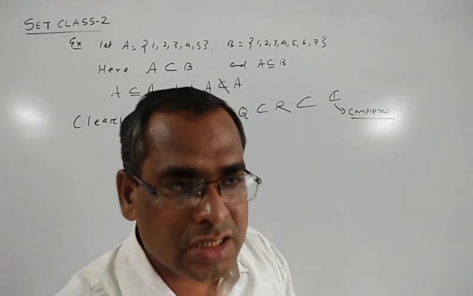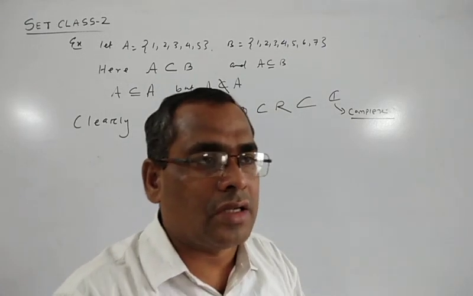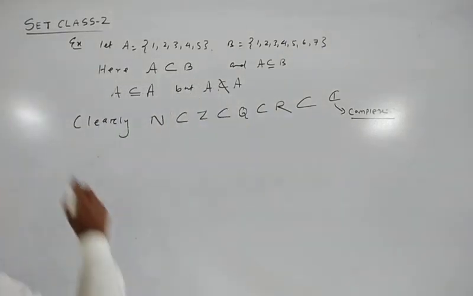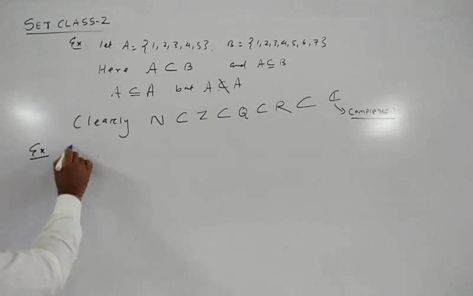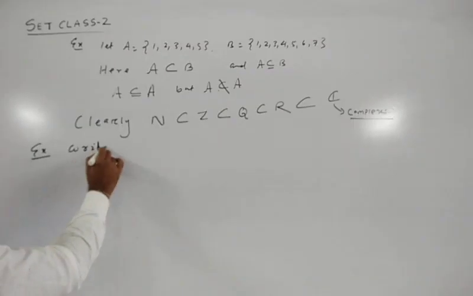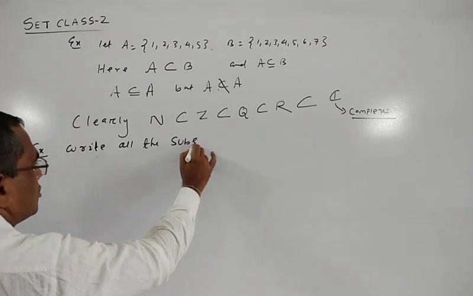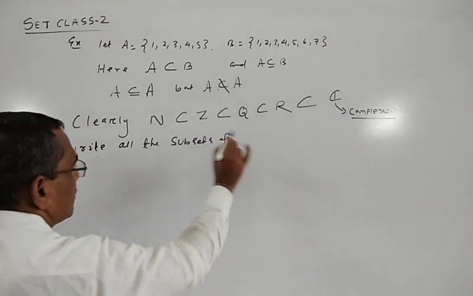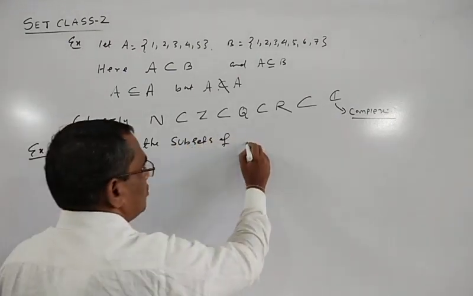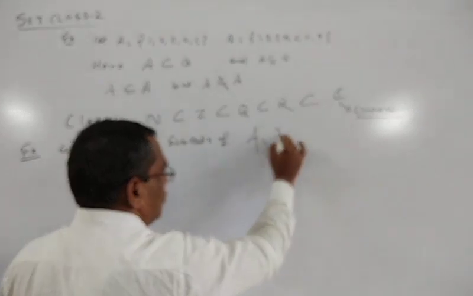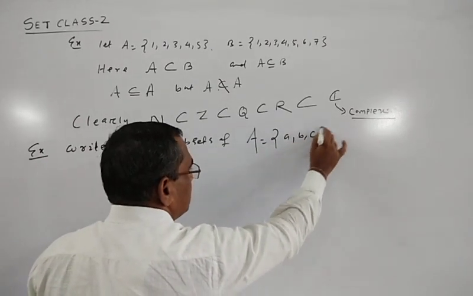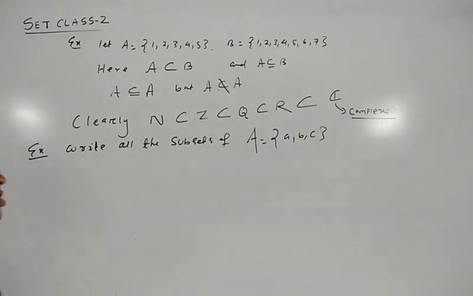One set is given, so how do we determine its subsets? Write all the subsets of the set A equal to {a, b, c}. So what are the subsets?